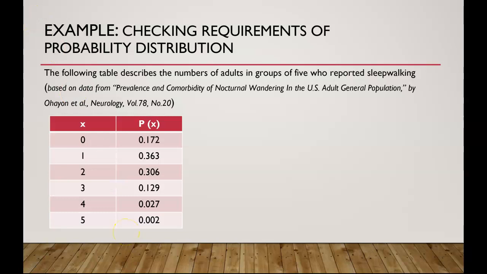The sum of probabilities adds up to 0.999, which is very close to 1. This result might be from the rounding error. And last requirement, that each probability is between 0 and 1. Yes, this requirement is also met. So this table meets the requirements of probability distribution.